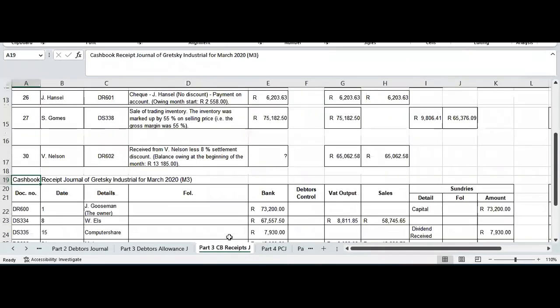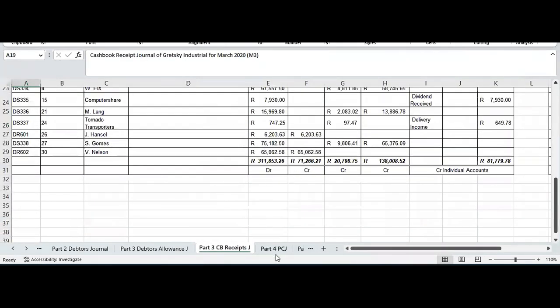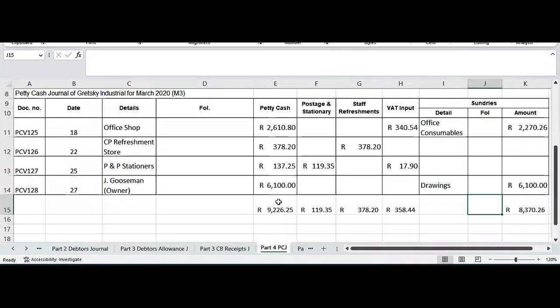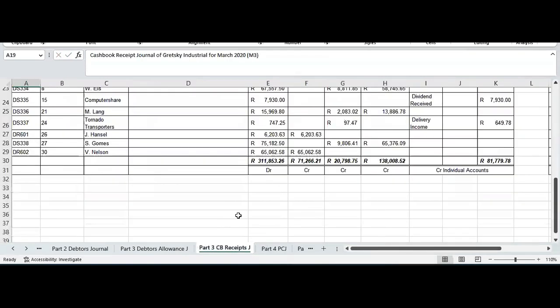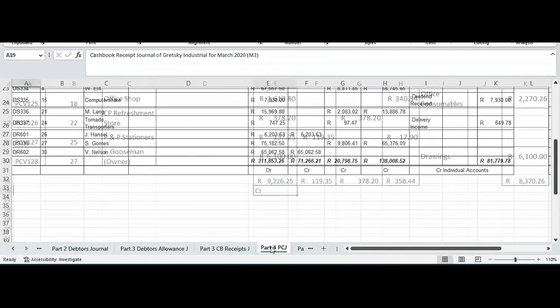So what do we know here? Let me put this in a nice little frame for you. Okay. So we know that we are going to credit that account. CR and DR.